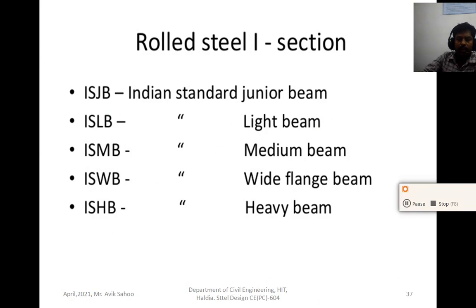Now the specification of the I section. Basically the I section is designated by ISJB, meaning Indian Standard Junior Beam.